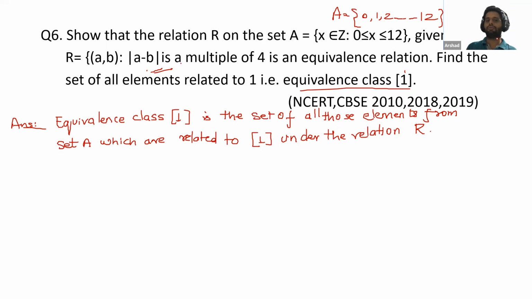That the subtraction of two numbers should be a multiple of 4. So one number is 1, you need to select the second number, and so on, for all the numbers. Whenever you subtract the two numbers, it should be a multiple of 4. So we will try to solve this directly. Equivalence class of 1 is equal to. Can anyone tell me the first number?